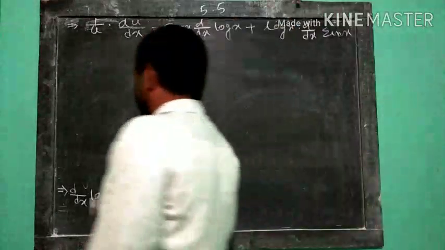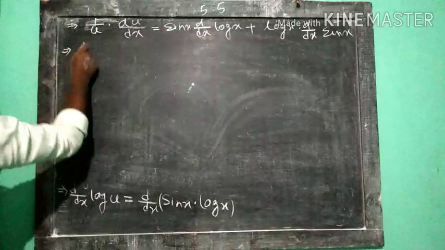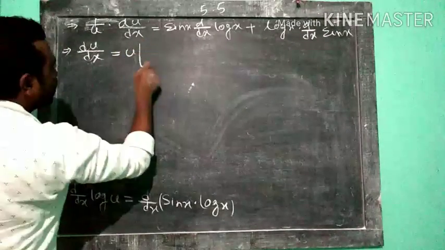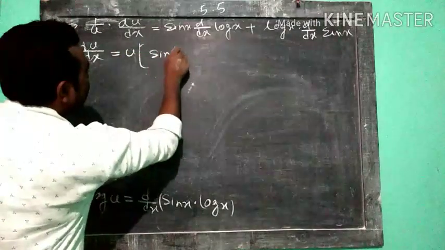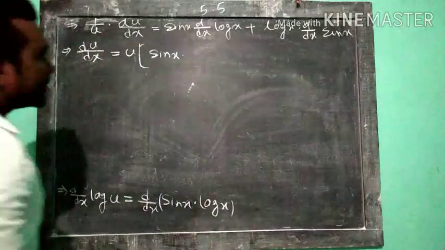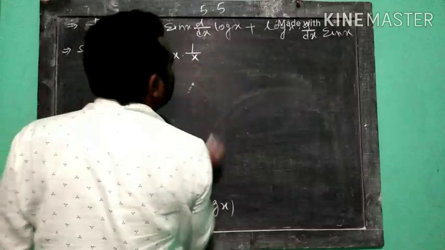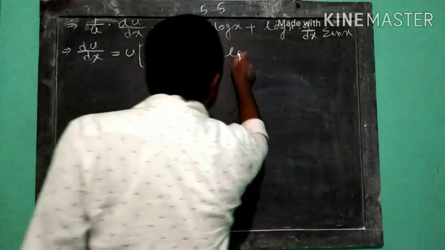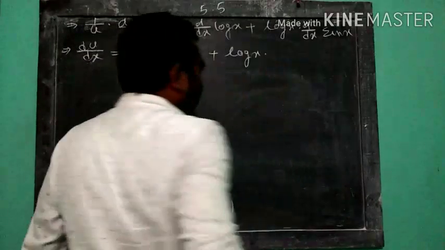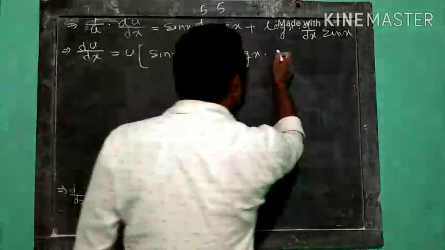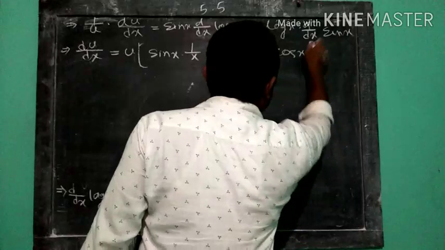So finally du by dx is equal to u whole into (sin x times d/dx of log x plus log of x times d/dx of sin x). We know the formula, d/dx of log x equals 1 by x, and d/dx of sin x equals cos x. So very simple, this is complete.